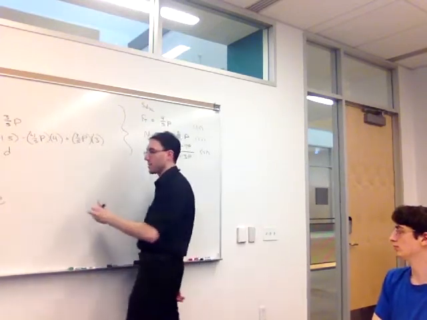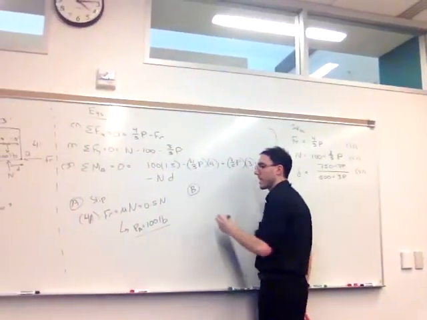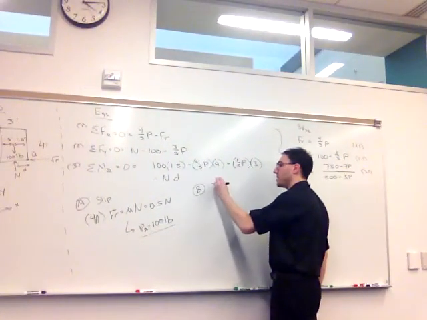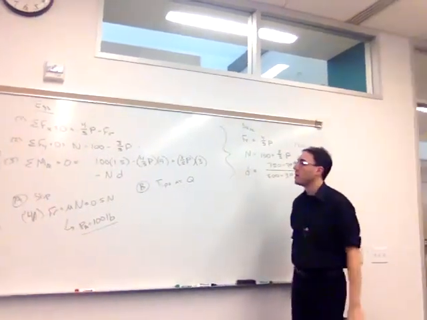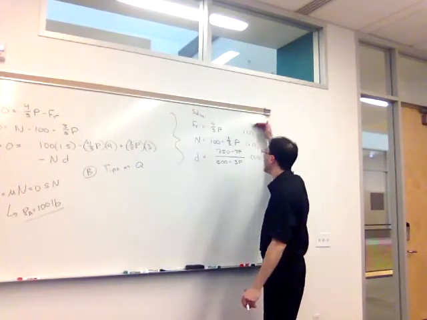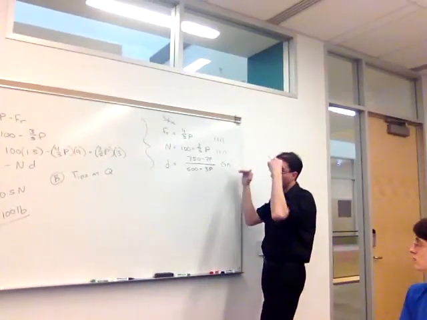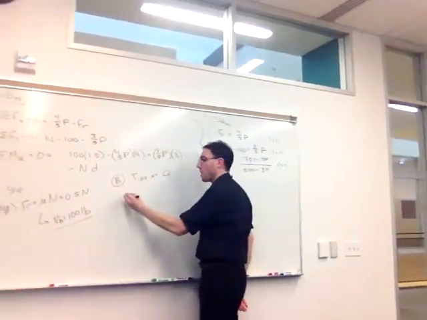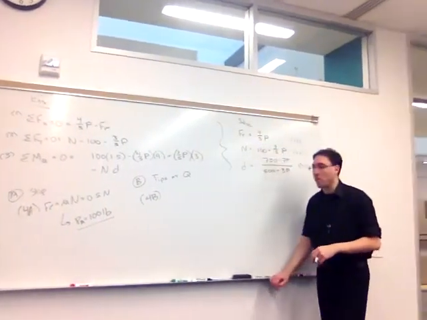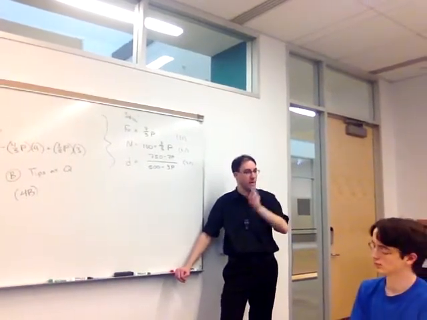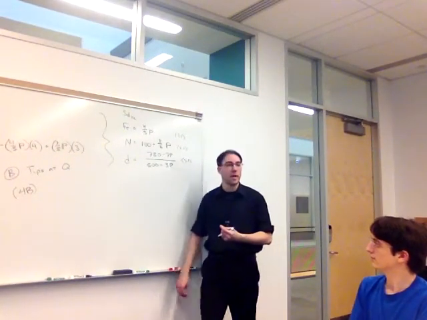So now I have to consider the alternate possibilities. In this case, just the one alternate is that it tips at Q, or again, is on the verge of tipping at Q. Equations 1.1 to 3.1 are still true, but now I have a new equation 4, and again, potentially more here. So what new equation or equations will be true in scenario B when it's on the verge of tipping?